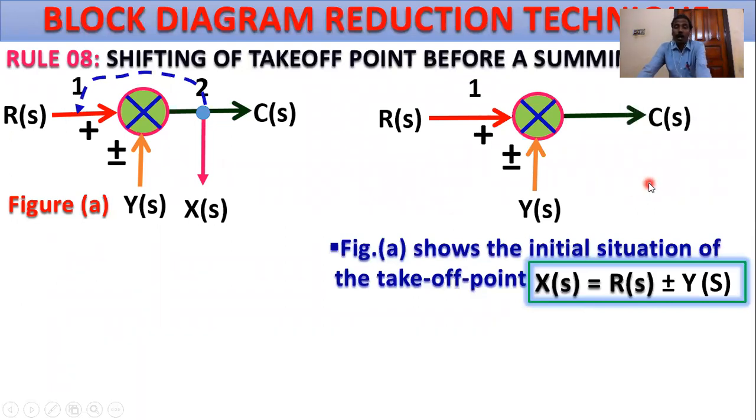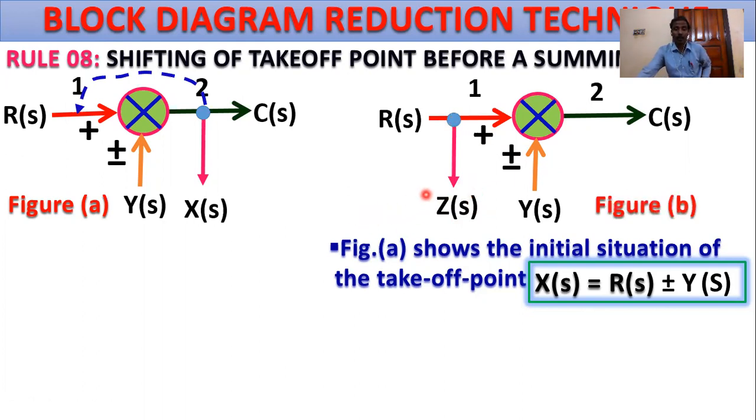And C(s) equals what? C(s) equals the ultimate output. This is the takeoff point, and suppose this takeoff point output equals Z(s). What is the value of Z(s)? In this case, Z(s) equals R(s), because this is the path R(s).